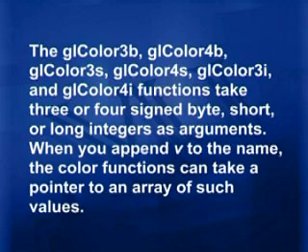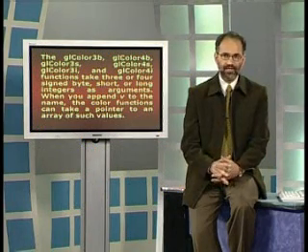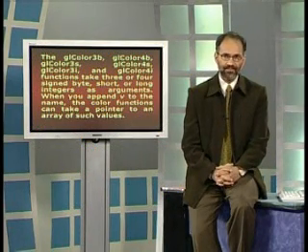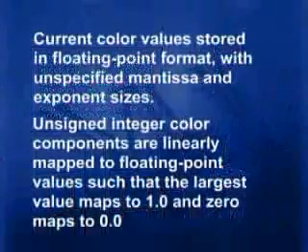And when you append v to the name, the color functions can take a pointer to an array of such values. So we can not only specify the values themselves as the color values for R, G, B, and A, but we can also specify an array of such values that can be used automatically from that array by the functions.